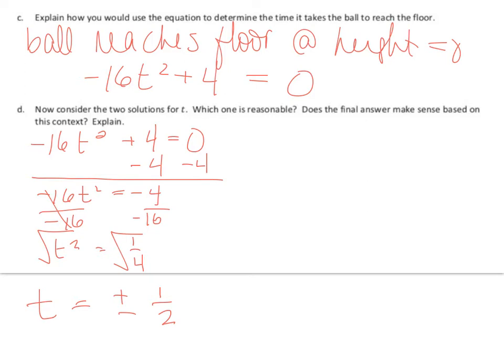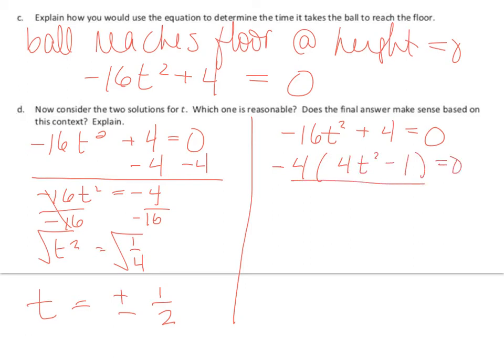Let's solve it again. We'll talk about what the answer means in a second. I've told you guys quite a few times in class that whenever you have a negative leading number, you need to factor that out. So I'm going to factor out a GCF and get 4t squared minus 1. And then I can get rid of the negative. Life is grand. I have 4t squared minus 1 equals 0. This factors into 2t plus 1 times 2t minus 1.